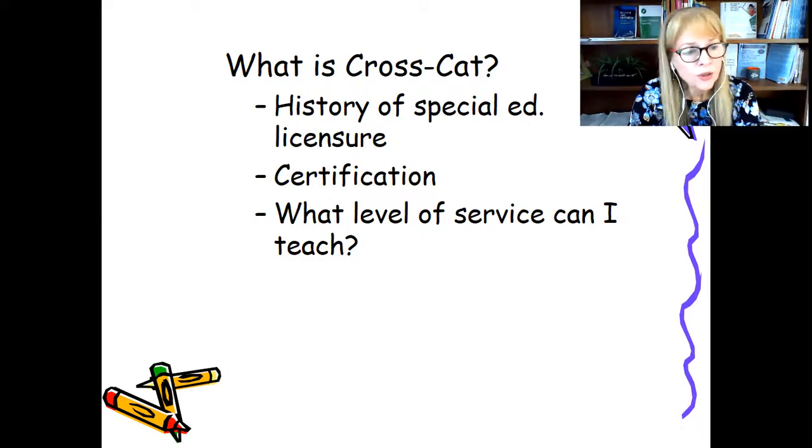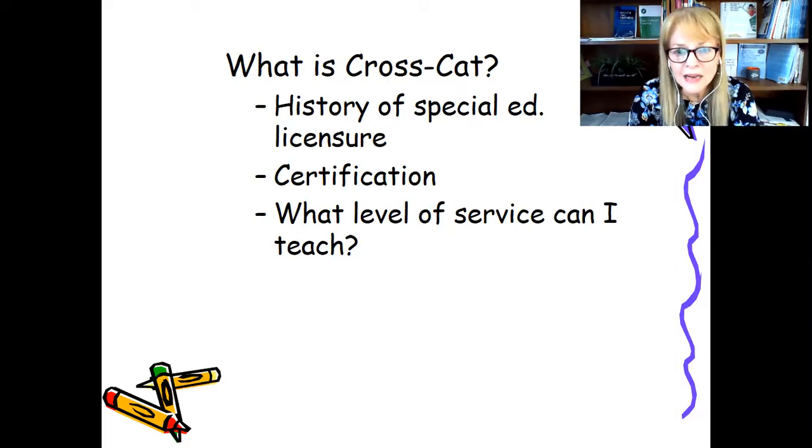An LD teacher could not teach a class of students with intellectual disabilities. As is now, there has been a critical shortage of teachers certified in special education. To meet this shortage, the Cross-Cat Classroom was born, leading to the State Department certification of mild to moderate disability.